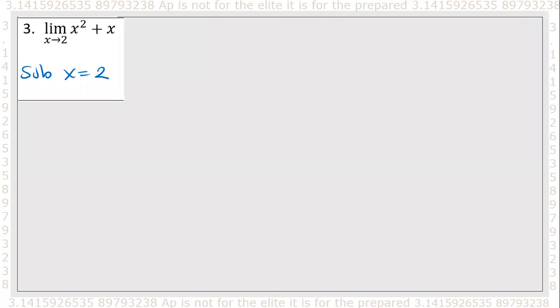Way to go, guys. The DMs are popping. Yes, so if I put the 2 into the values, I get 2 squared plus 2. And 2 times 2 is 4, plus 2 equals 6. That is your solution. Way to go, guys. I saw a lot of people answer correctly with the quick maths.